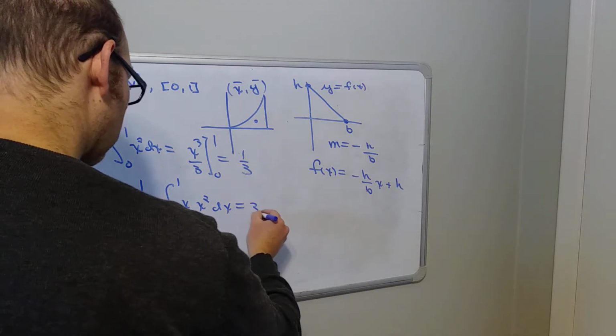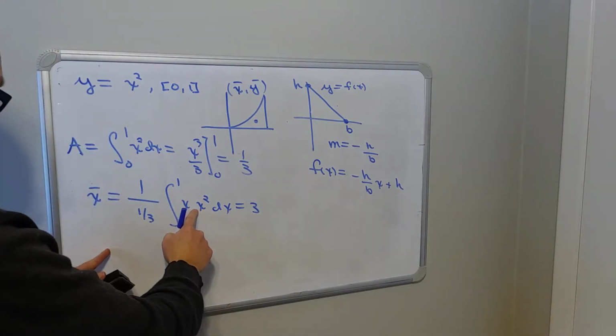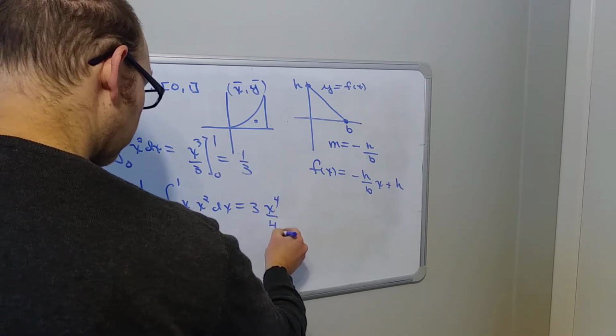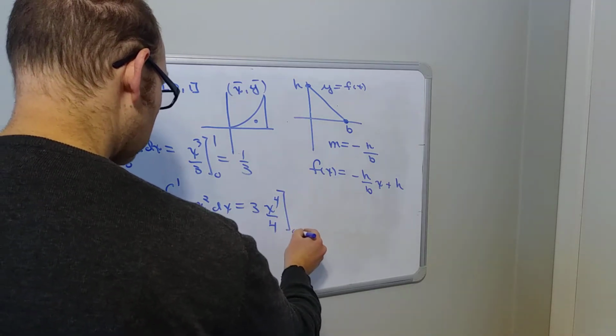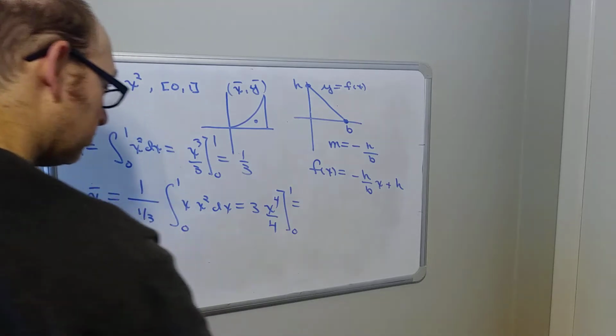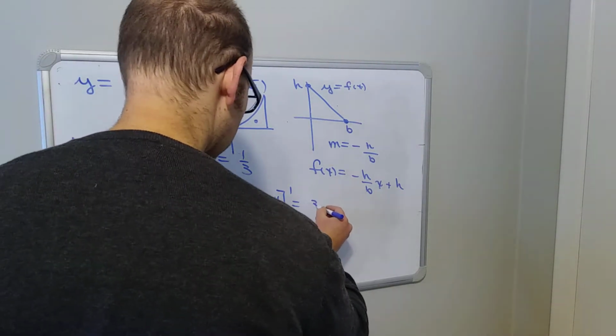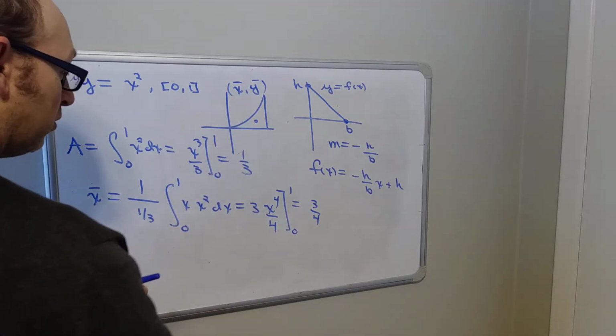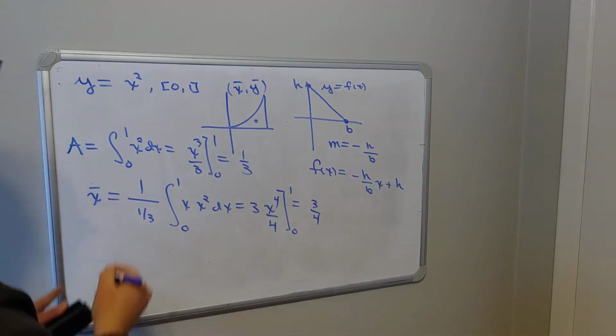That's 3 times x cubed, x to the 4 over 4, evaluated from 0 to 1, which comes out to be 3/4. Okay, so we found x bar so far, that's 3/4.